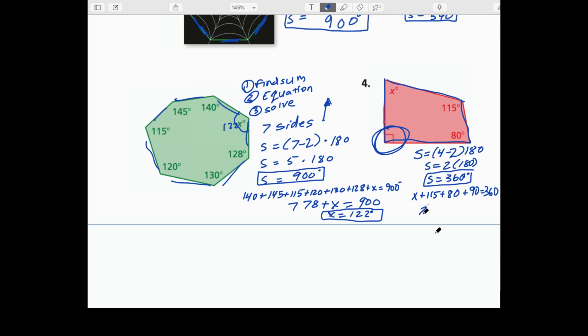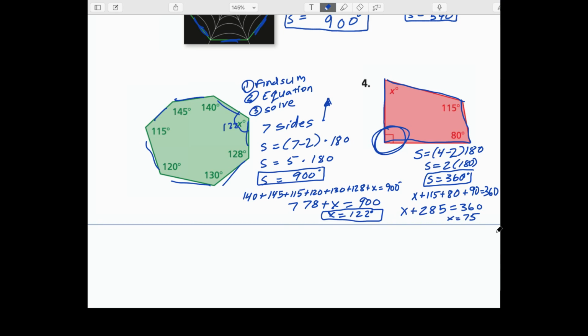Like I said, add it a couple of times. Make sure you don't make mistakes. Sometimes you put stuff in wrong or hit subtract instead of add and don't notice. So 360. Another way I would do this, just to check my work, is add it all together, set it up like this, and then subtract 360. x equals 75.